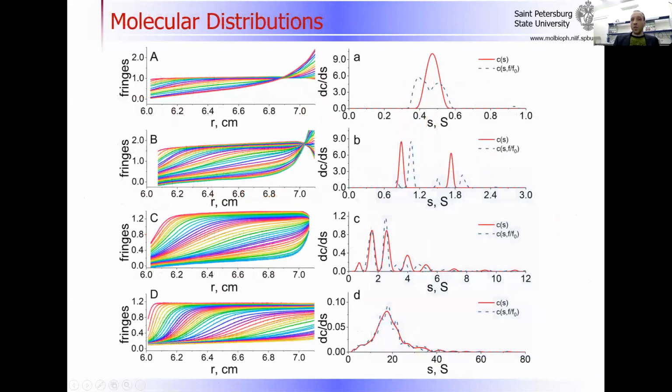If you look more deeply at the typical sedimentation profiles, in figure A we see a very low molar mass sample, with an average sedimentation coefficient around 0.5, and the corresponding sedimentation profiles are very elongated. With increasing molar mass, in figure B, we have a trimodal distribution, and we see a separate sedimentation profile for each of the fractions.